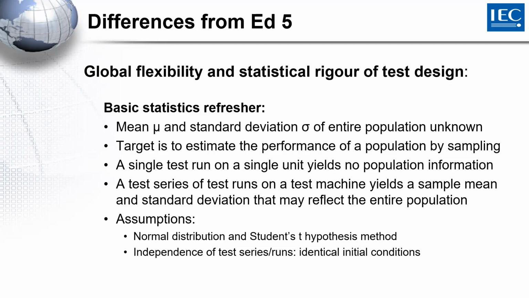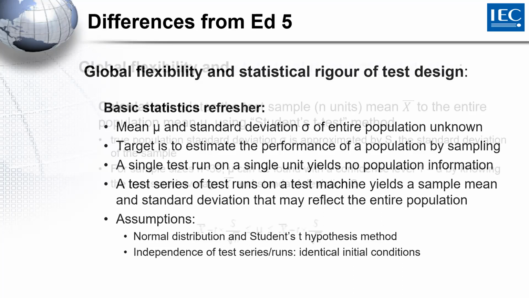A test series of test runs on a test machine gives a sample mean and standard deviation that could reflect the entire population, but we don't know. So we assume a normal distribution, Student's t-hypothesis method, and the independence of the test series runs. Absolutely vital: identical initial conditions. Next, please.